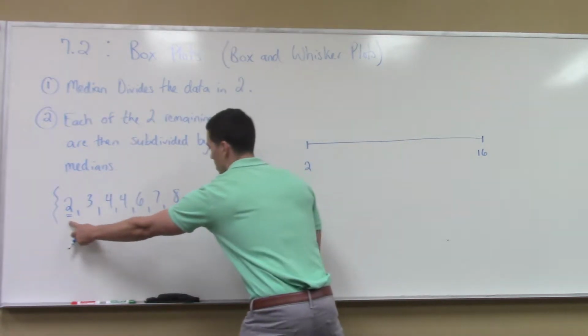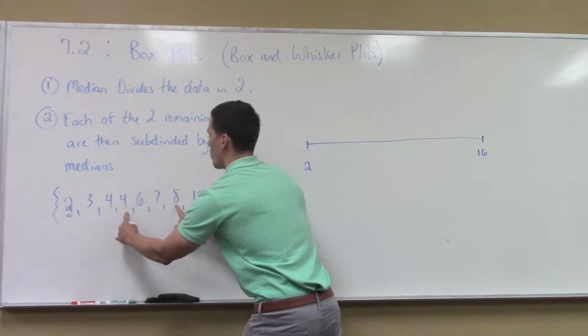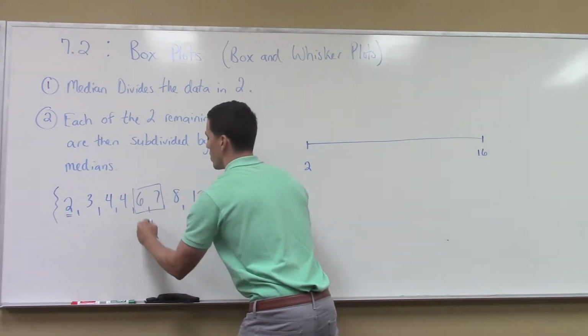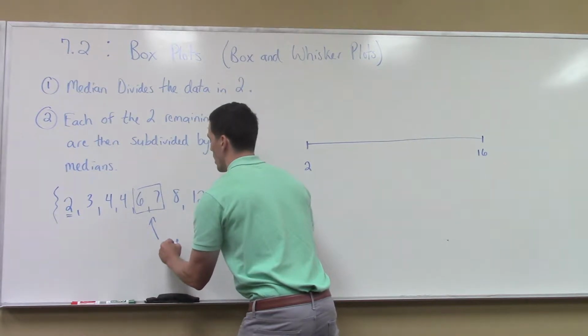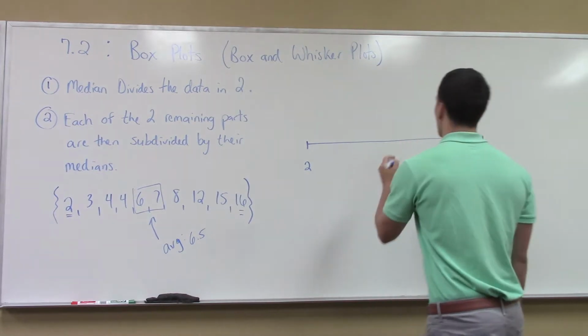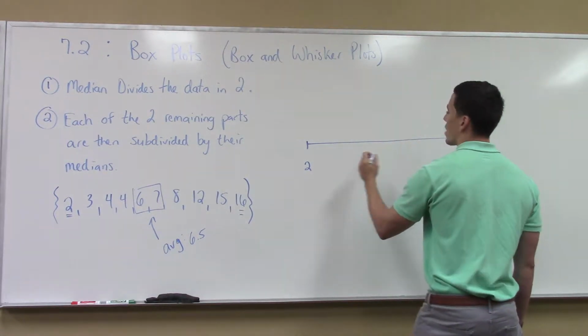If I start at the exterior of the data and work my way in, one by one, I find that the two middle numbers here are 6 and 7. The average of those is 6.5. So my median in the very center of my data is the value 6.5.